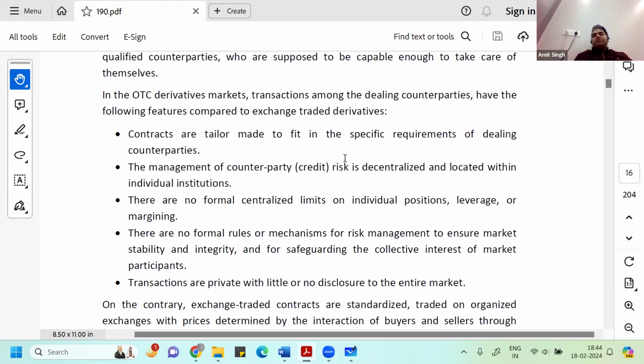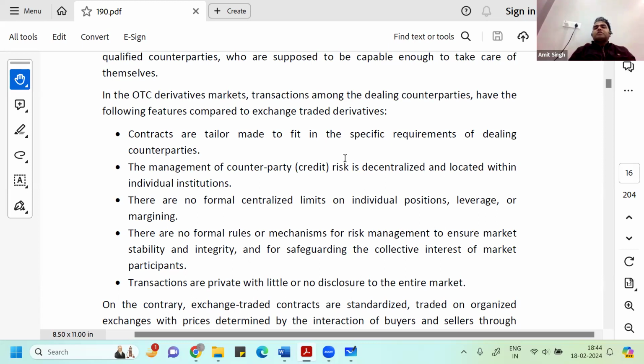The transactions are private with little or no disclosure to the entire market. They don't have to follow any central market regulator's rules and responsibilities. Whatever mechanism they feel should be there for their mutual interest, they can decide, and based upon that they agree to follow the transaction.